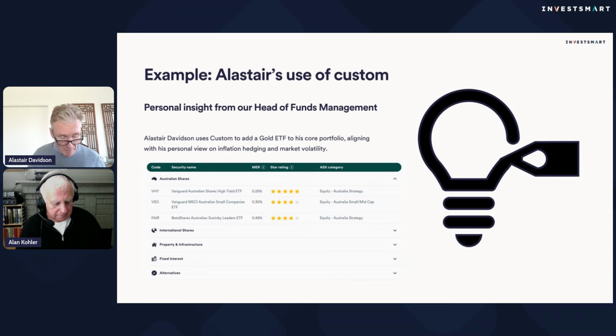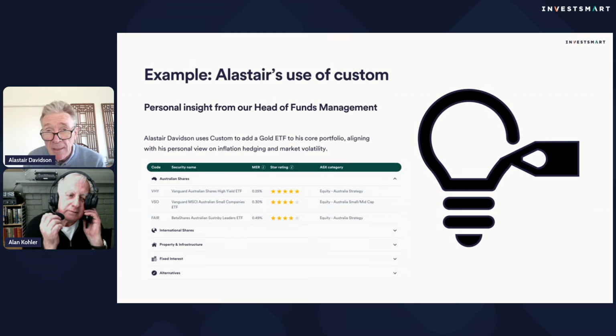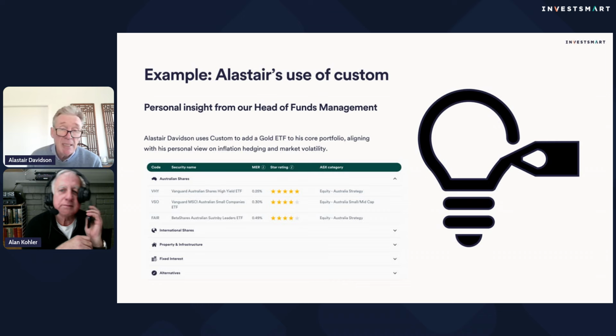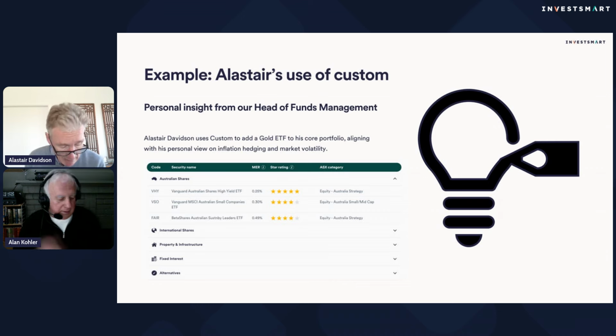But on the list itself, there's VHF, which there was a question about earlier on, that gives you access to the high yielding stocks on the ASX. There's an MSCI one from Vanguard for small companies. Again, this is another way that you can track an index of small company stocks.